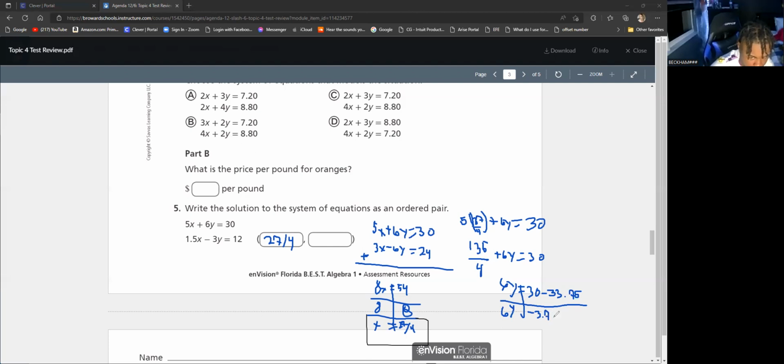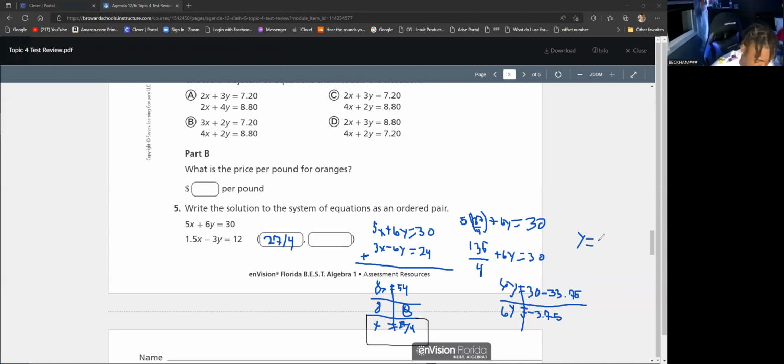Now you divide both sides by 6. So y equals negative 3.75 divided by 6.